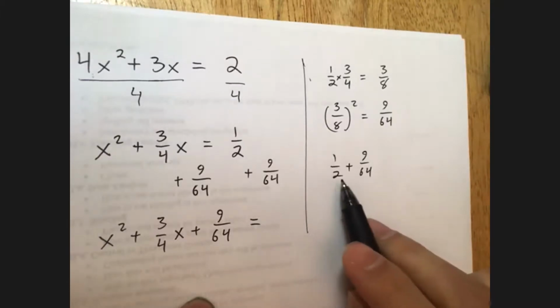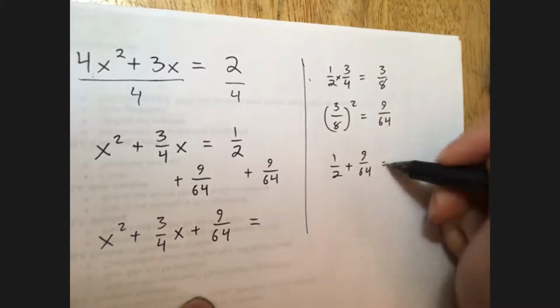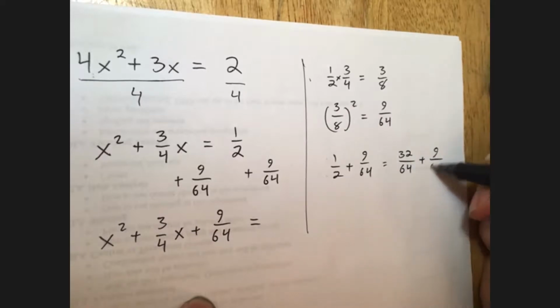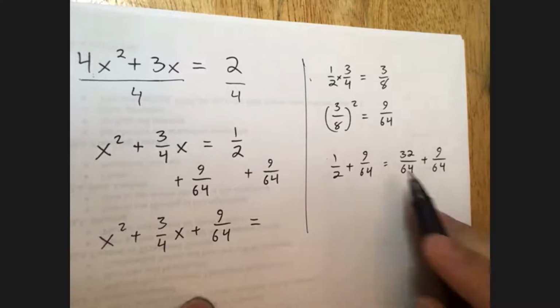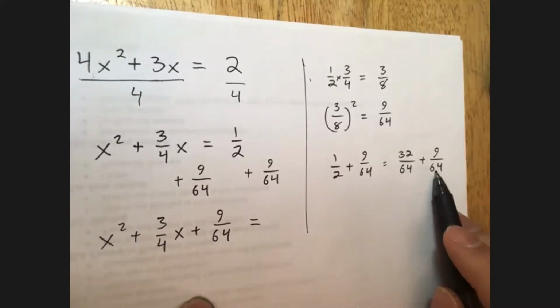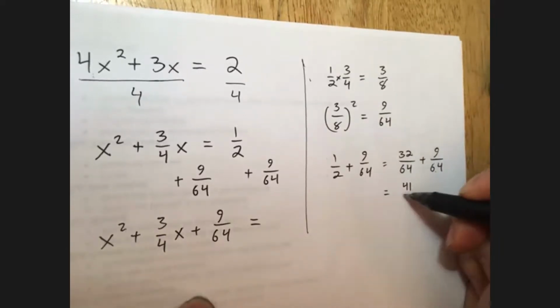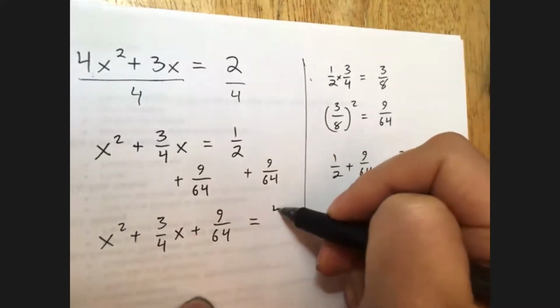I can get this to be denominator 64 if I multiply the numerator and denominator by 32. So 1/2 becomes 32/64. Now that the denominators are the same, I can add them. 32 plus 9 is 41. So that's what the right-hand side is.